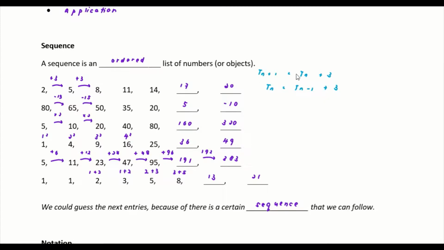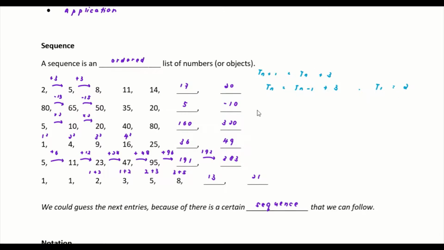If you write Tn plus 1, it gives the idea that if you want to get the next term, you use the current term plus 3. There's nothing wrong, it's the same thing. Remember the initial term, so T1 is equal to 2. If you are not writing the initial term, then the person wouldn't know which number you want to start from. So this is the important part of your recursive rule as well.